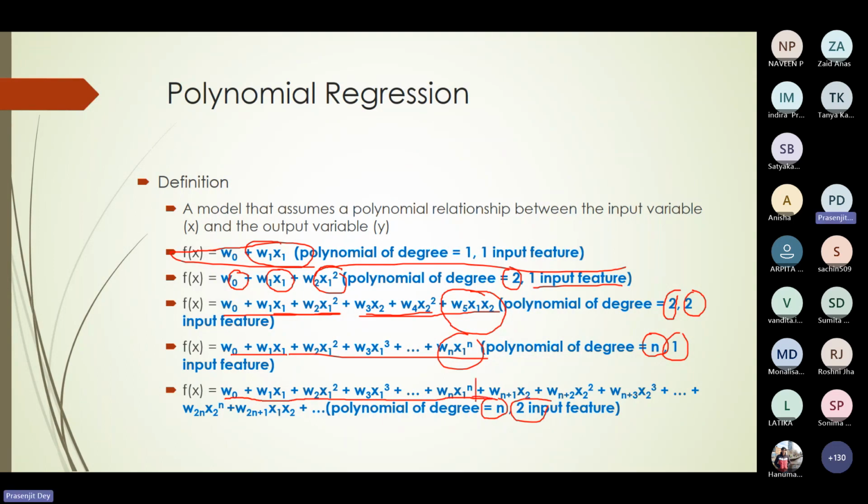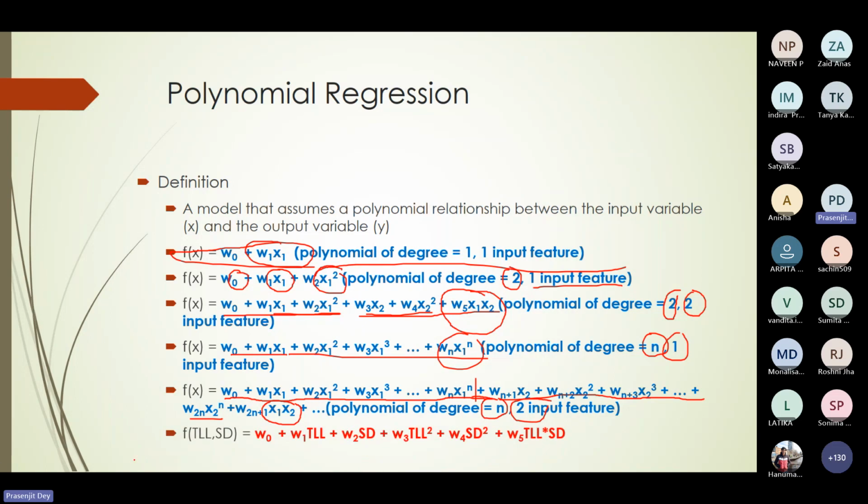After that, for x2 also it will go from x2 square till x2 to the power n, and finally all the combinations of x1 and x2 will be considered. As we can see, the equation is quite complex because it is nonlinear, and such models may be better at evaluating performance.